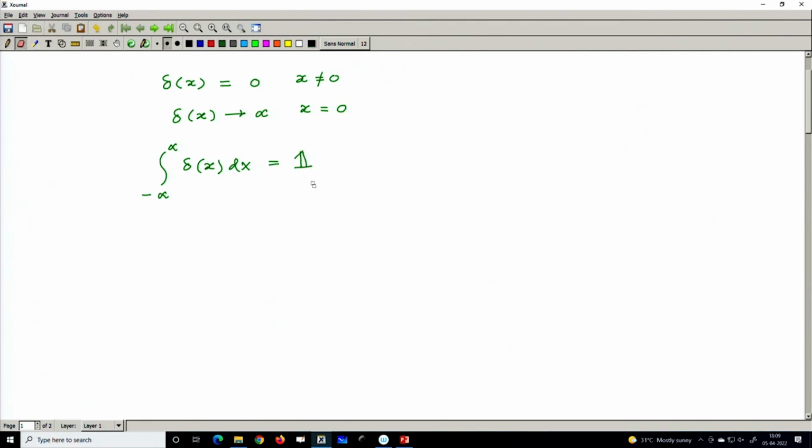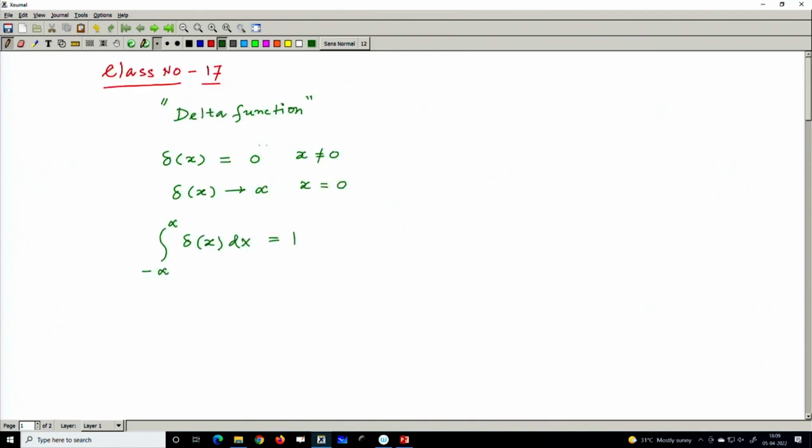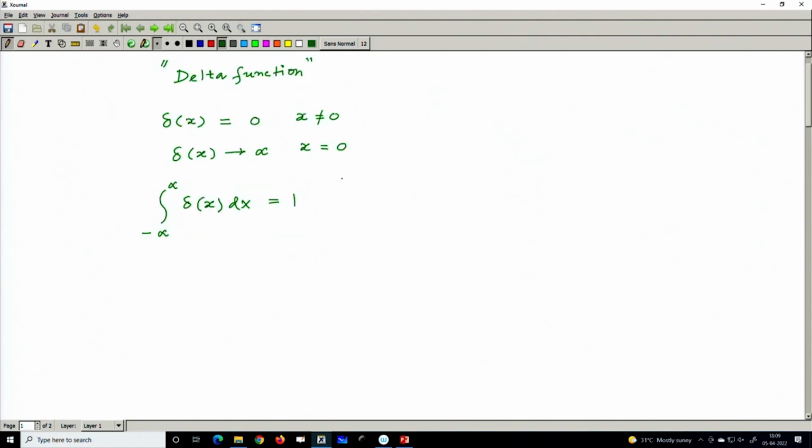Better to write 1 in a normal way. So simply 1. So these three are by definition the delta function.